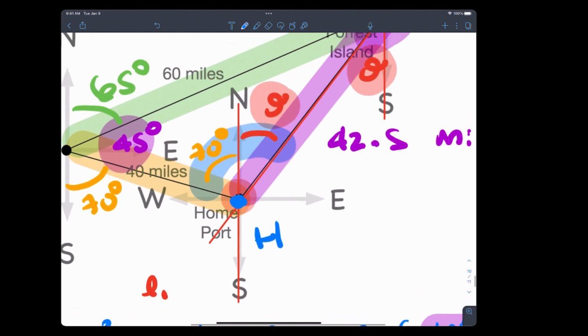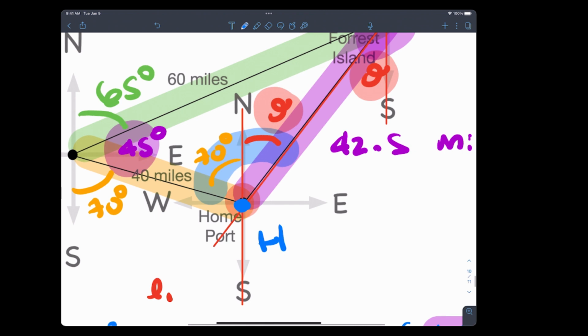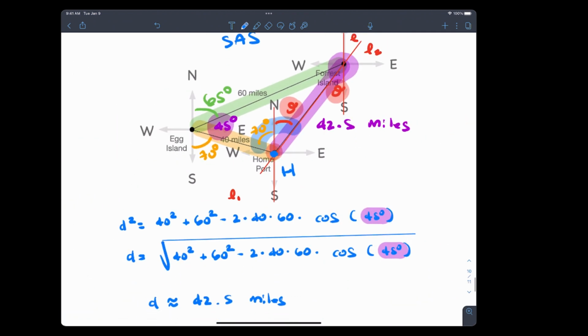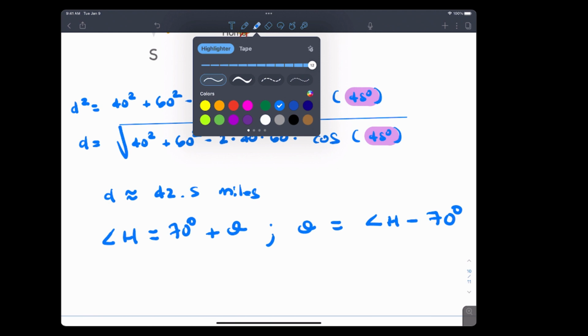Isn't it the sum of adjacent angles? Remember, we worked on that in the first week. The sum of adjacent angles, isn't that 70 degrees plus theta? So angle H is going to be 70 degrees plus theta. Now, what that means is theta is angle H minus 70 degrees if we solve now for the angle theta here.